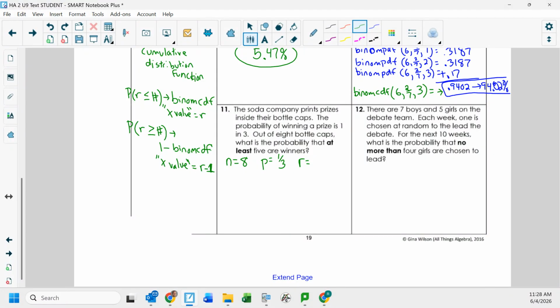So we want R being greater than or equal to 5. And again, because it's greater than a number, we have to do 1 minus our CDF now. So I'm going to do 1 minus binomial CDF 8, 1/3. And again, because it's greater than or equal to, we do R minus 1. Our R is 5 minus 1. We're putting a 4 here.